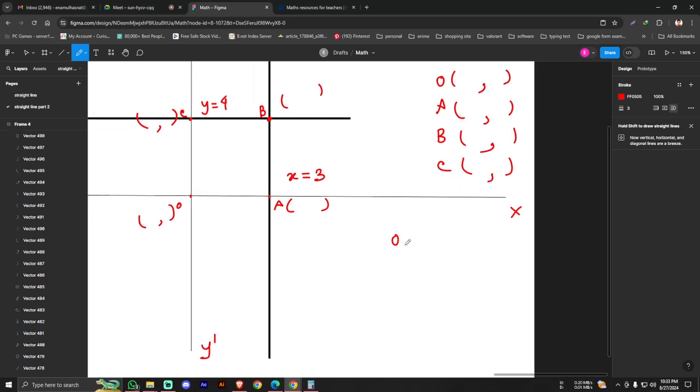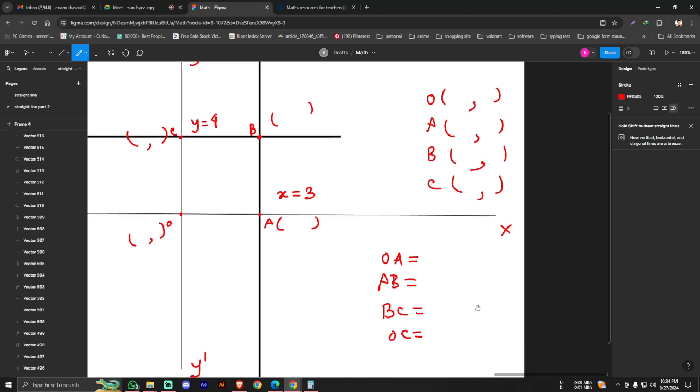That means how much is OA, how much is AB, how much is BC, how much is OC. 8 questions here, and it could be done in like 2 minutes if you understand. Should I find the coordinates of the intersecting point first? Yeah, you could find the coordinates first, then comes the distance.